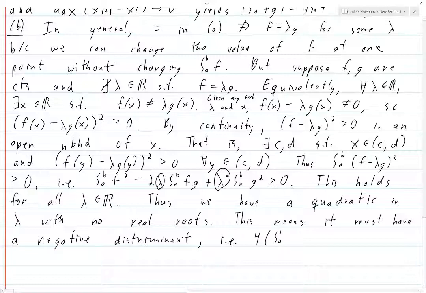So it's b squared minus 4ac. Now we subtract 4 times a, which is the coefficient of the lambda squared term, which is the integral from a to b of g squared, times c, which is the constant term, the integral from a to b of f squared. So this is the discriminant, and this is negative.